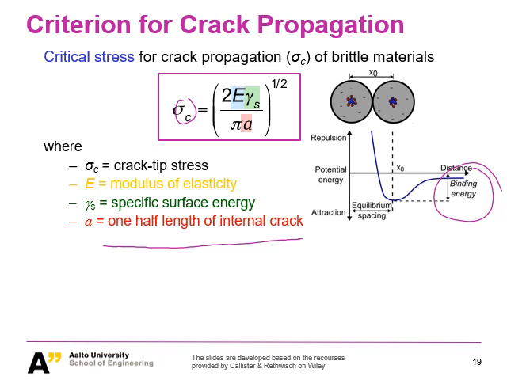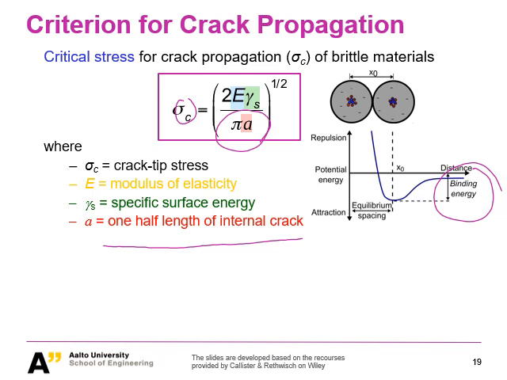Of course, if we have a higher binding energy, that is good for our material to resist crack propagation. So this equation here is an important one for you to know and to get the sense of. An important feature is this critical stress. It is important to notice it is geometry dependent again.